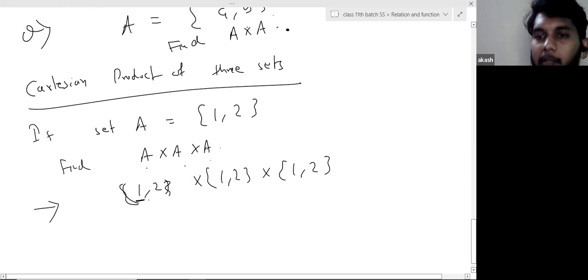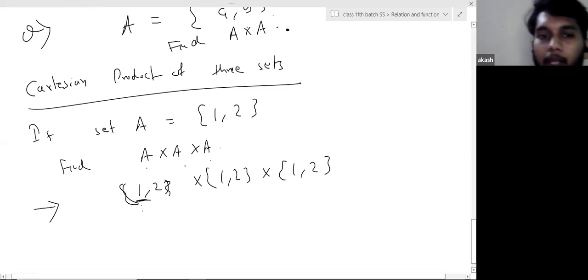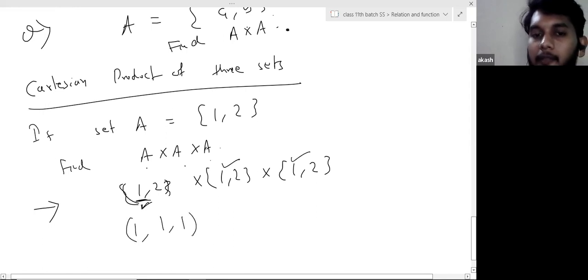Fix this element. All right, this element is fixed. The ordered pairs here consist of 3 elements, like 1 comma 1 comma 2, 1 comma 1 comma 3, and so on. So fix this element. We have 1. Now the first element is 1, comma, this is fixed, so 1.